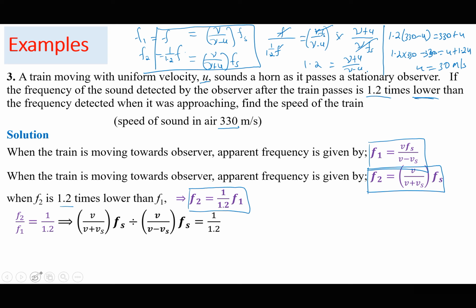When we divide the two equations, we come up with a simpler expression. So it depends on your algebra, whether it is V plus U over V minus U equals 1.2, or it is the other way around. This is going to give you the same answer. And when you simplify, you still get 30 meters per second as the speed of the train.